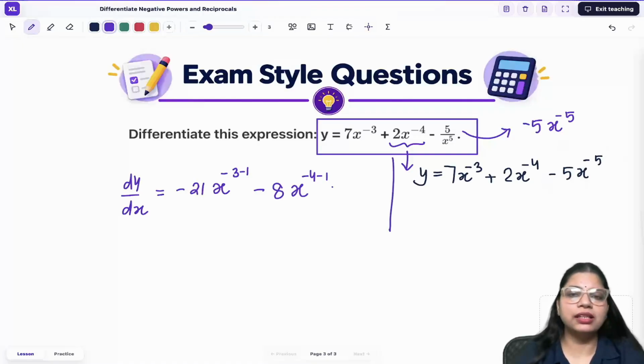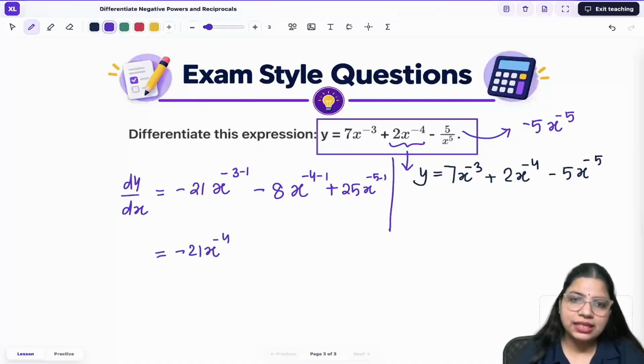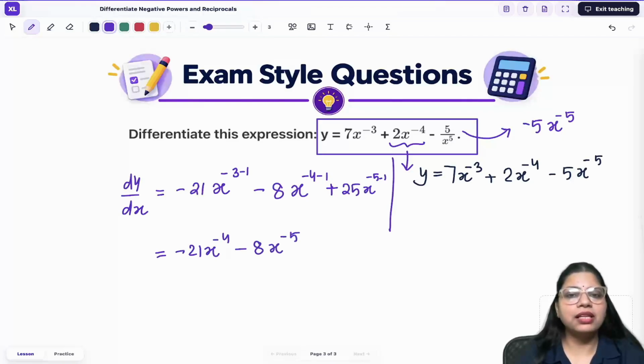Minus times minus, that means we're going to get a positive 25 x to the power of minus 5 minus 1. So that gives us minus 21 x to the power of minus 4 minus 8 x to the power of minus 5 and plus 25 x to the power of minus 6, right?